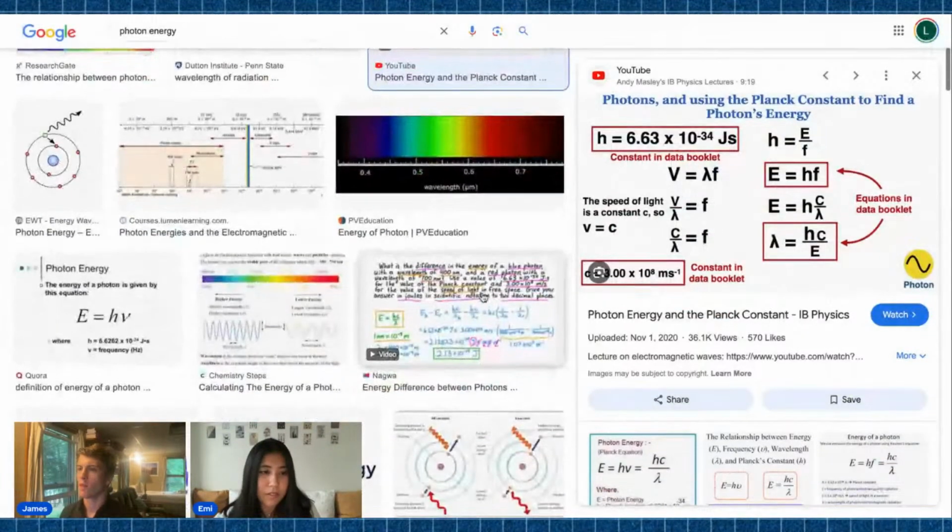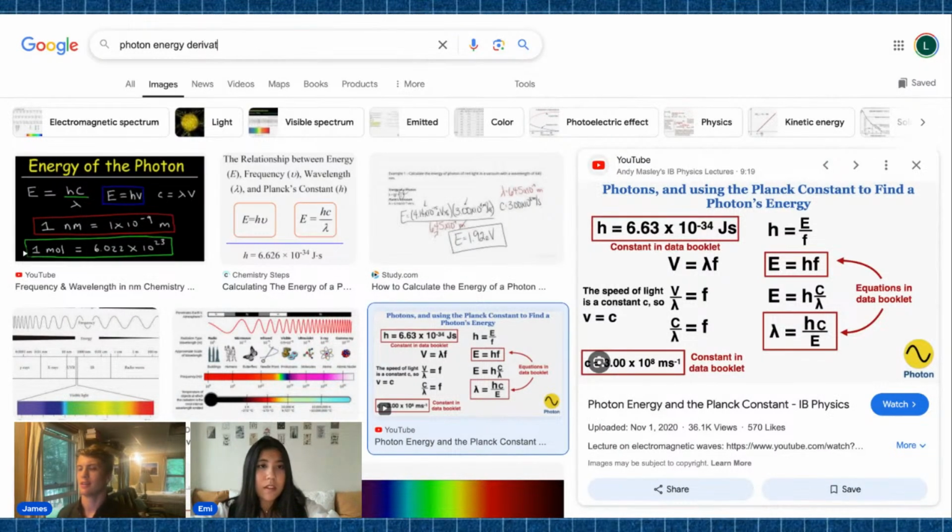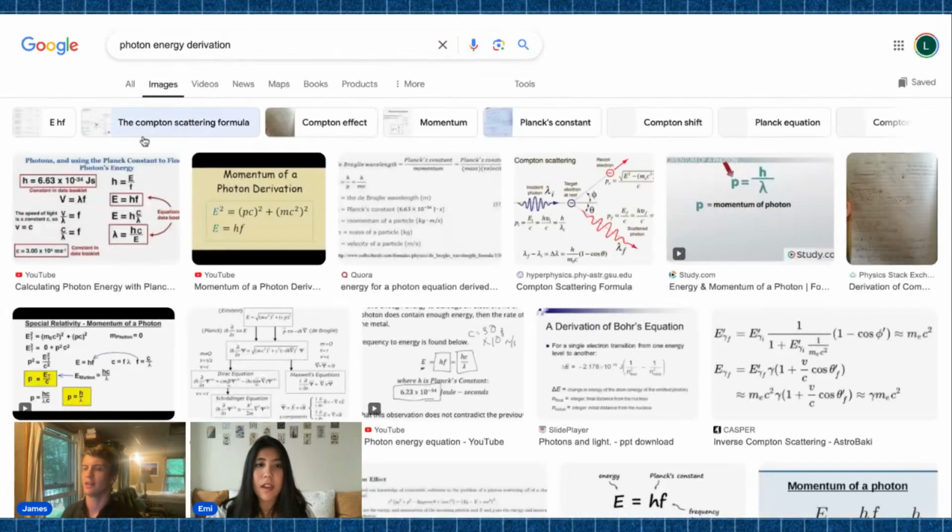The speed of the photon isn't actually changing. If the speed of the photon changed, your momentum would change. But isn't it going at the speed of light? Typically, yes, but in different media, it can slow down.